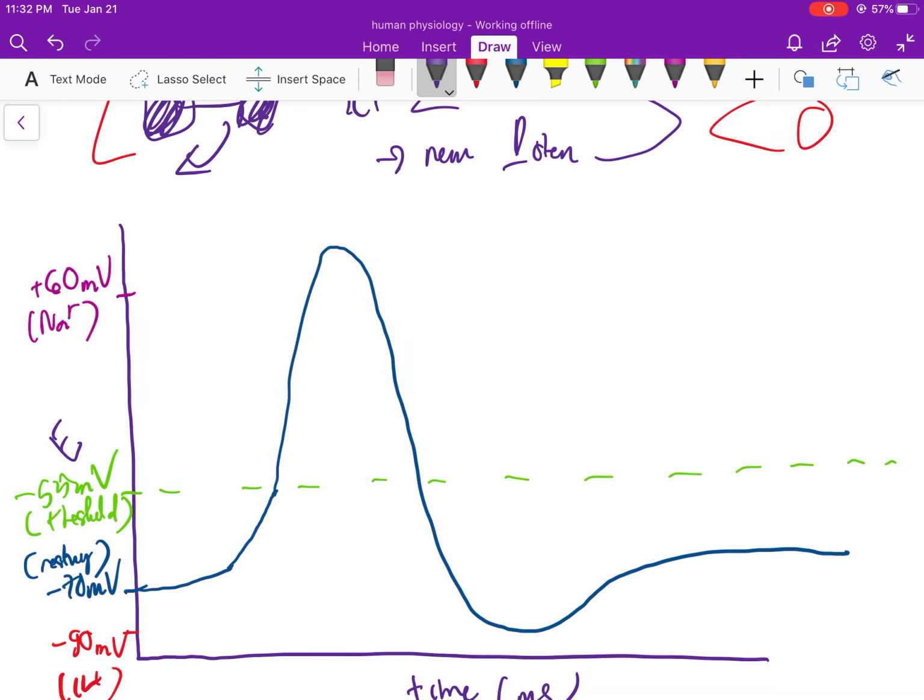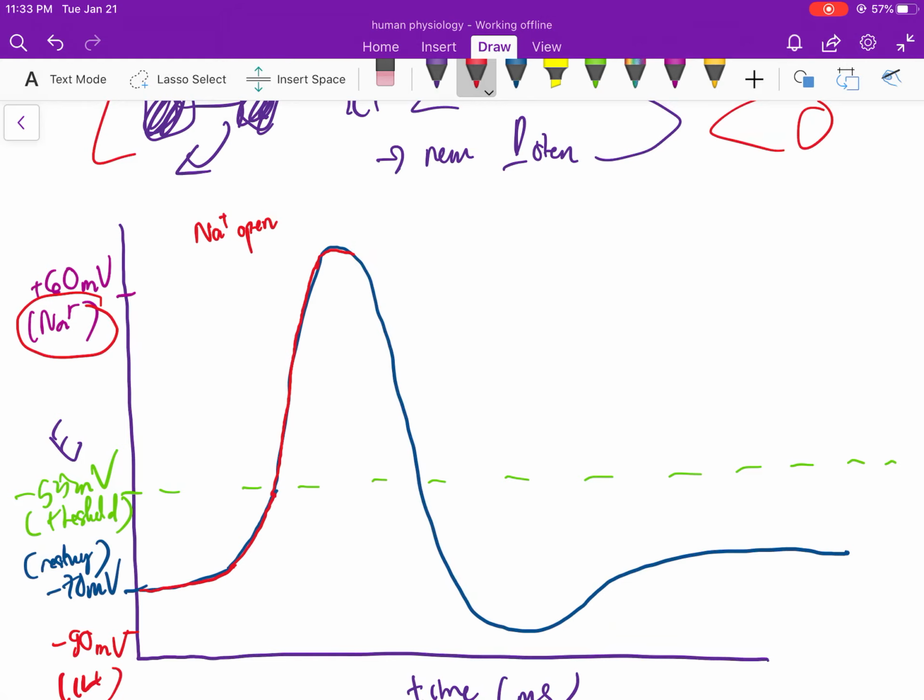At first, at resting membrane, it will be at negative 70. When it reaches the threshold, it is going in the positive direction, meaning that it is going toward the direction of the voltage gated channel Na plus when it's open. So at this point, we can see that the Na plus voltage gated channel is open. And when it reaches this point, it starts going down.